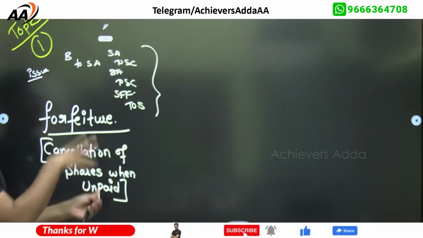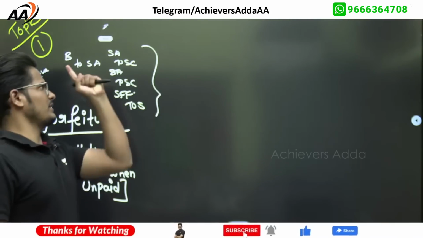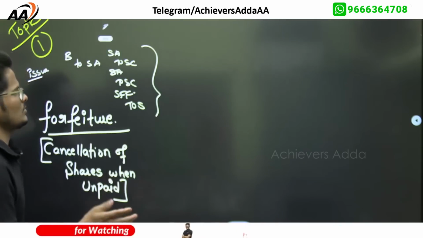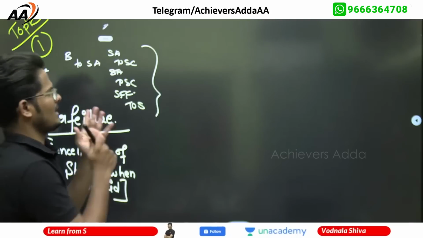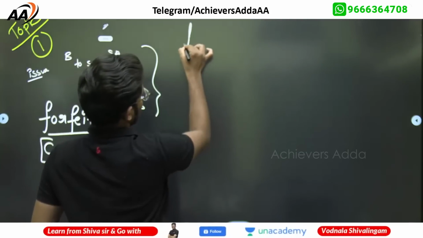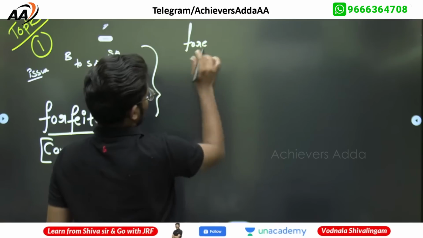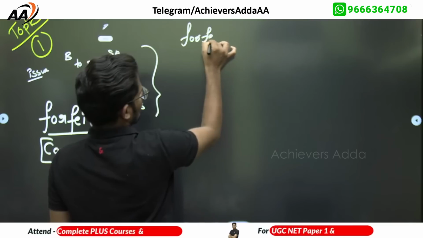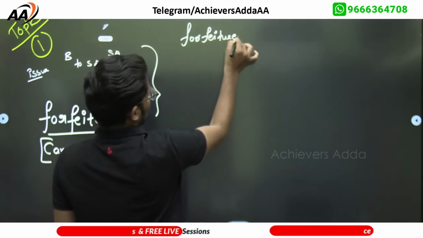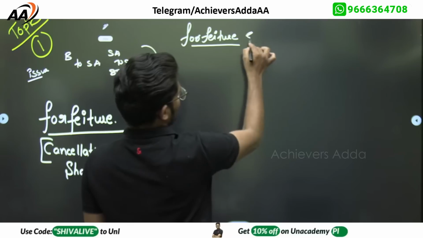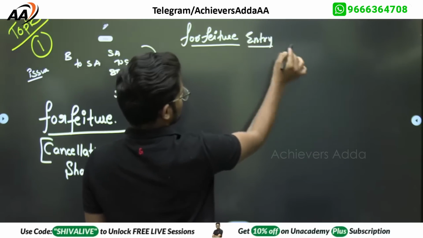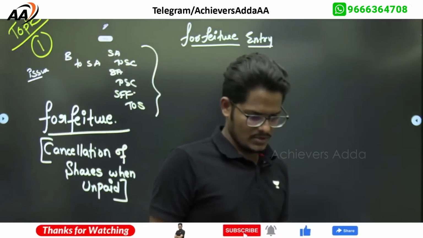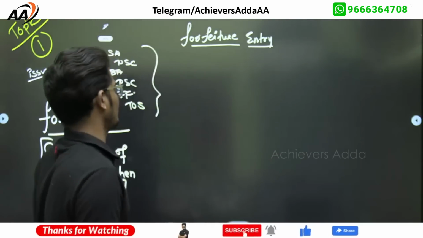Whenever we are cancelling these shares, if they paid application and allotment but the final call was not paid, because of non-payment of the calls we are cancelling the shares. Then, in case of forfeiture, the journal entry at the time of forfeiture: whatever was credited will now be debited.